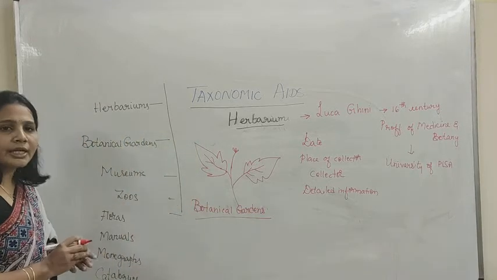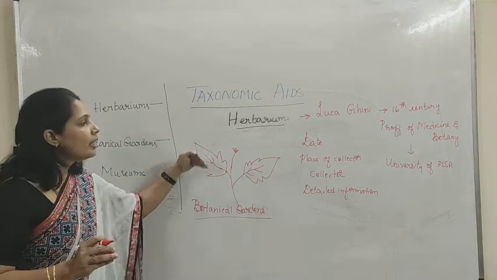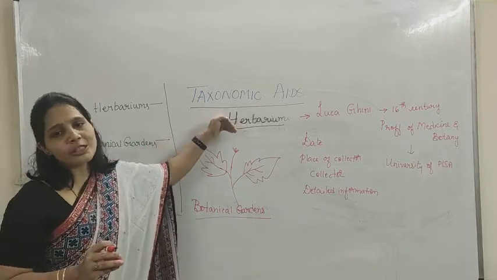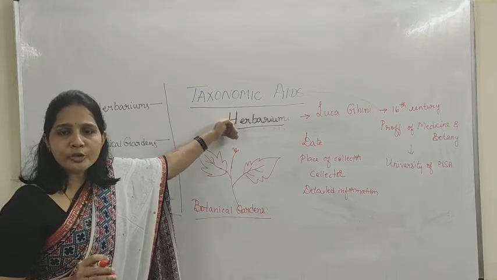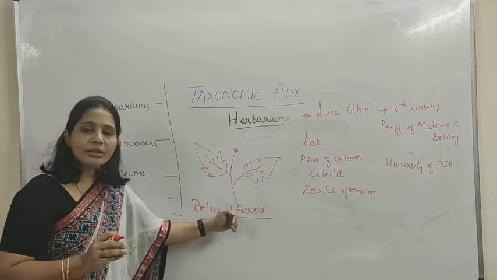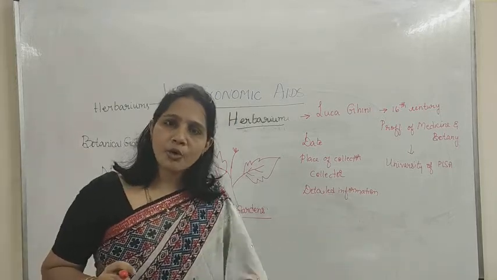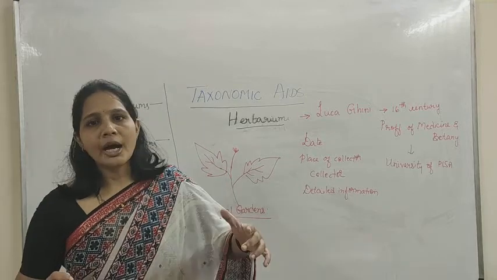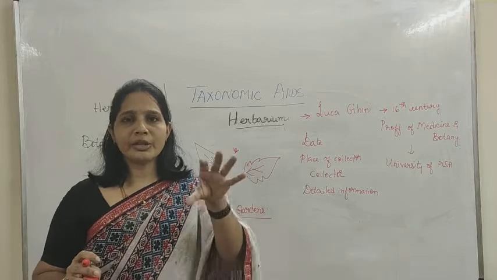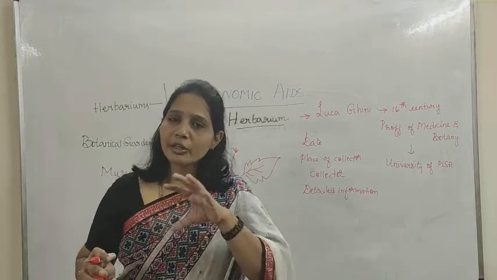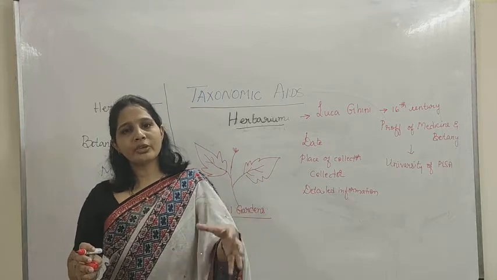What are these botanical gardens? What is the major difference between a herbarium and a botanical garden? In a herbarium, a dried specimen of a plant is maintained for future use, for future information. Whereas in the botanical gardens, different varieties of plants which are known and which are unknown are grown or cultivated with their information, and it serves not only an interesting purpose but also learning.